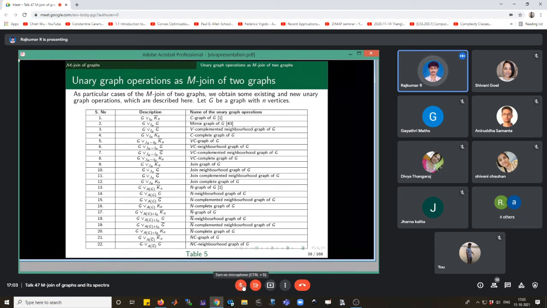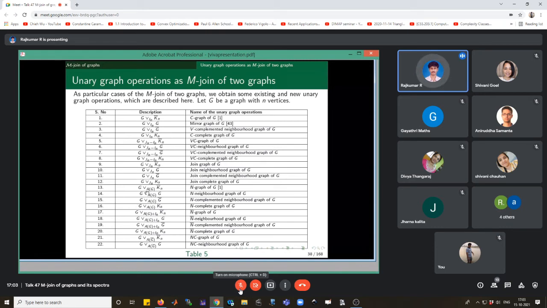That type of join will produce the mirror graph of G. Then take G and G bar and join them using the identity matrix; we call it the complemented neighborhood of G. That is, we take one copy as G, another as G complement, and using the identity matrix, we join these two graphs.